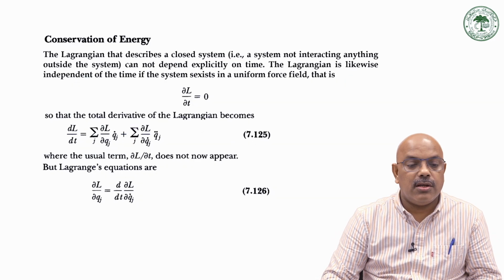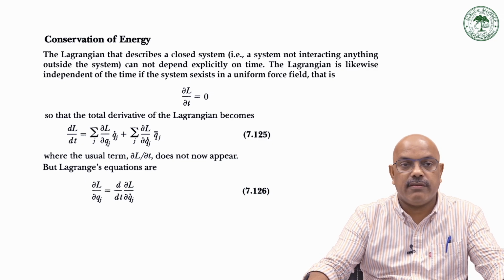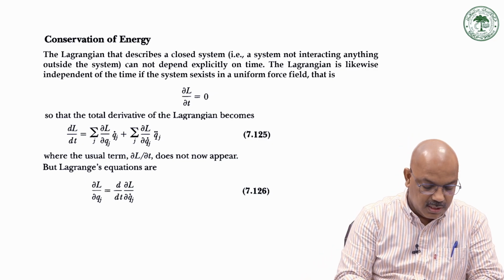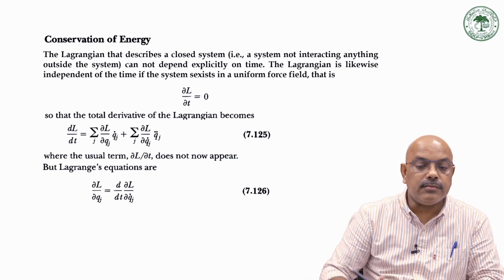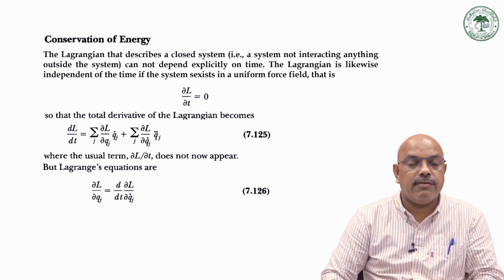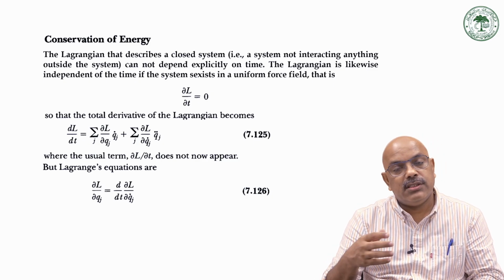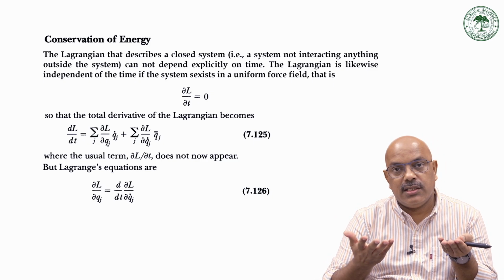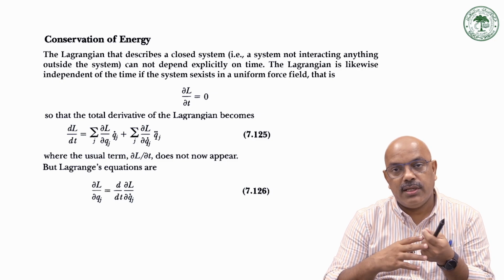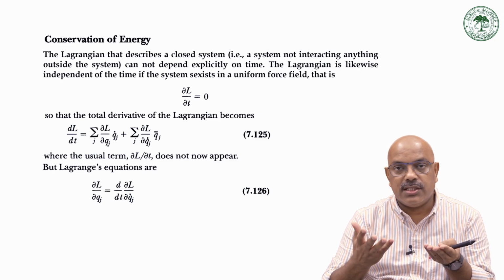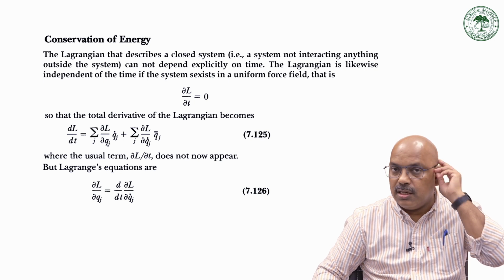So let's now move further. The third conservation is the conservation of energy. Conservation of energy means the Lagrangian is giving you the energy component, that is kinetic energy minus the potential energy, and it is a scalar quantity.